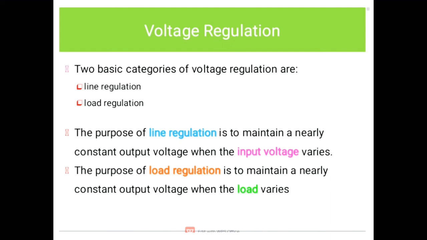First of all, line regulation. The purpose of line regulation is to maintain a nearly constant output voltage when the input voltage varies, and load regulation is to maintain a nearly constant output voltage when the load varies.